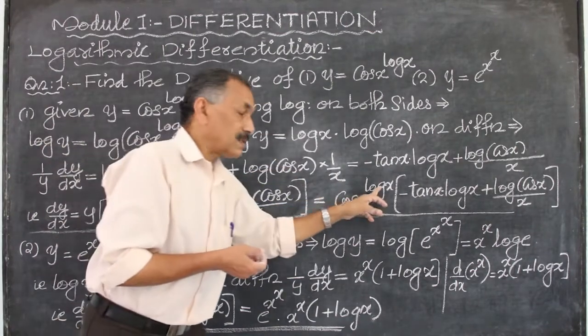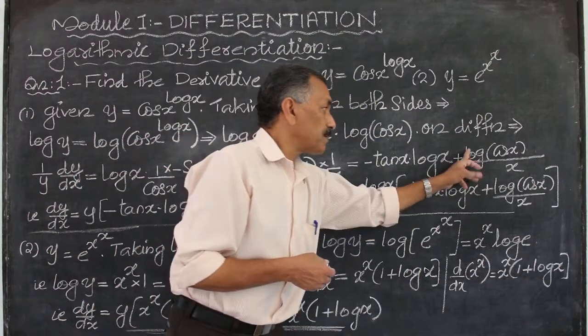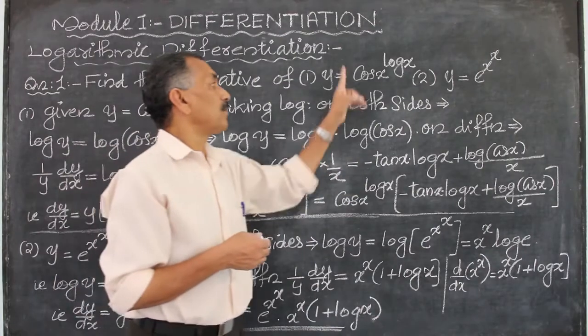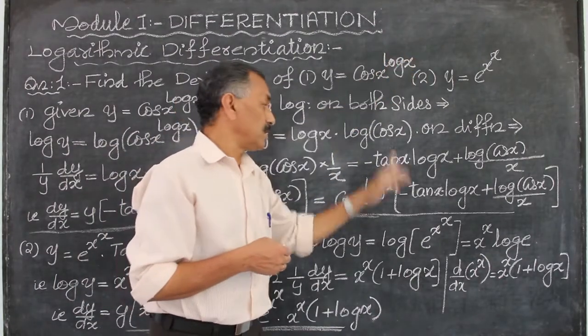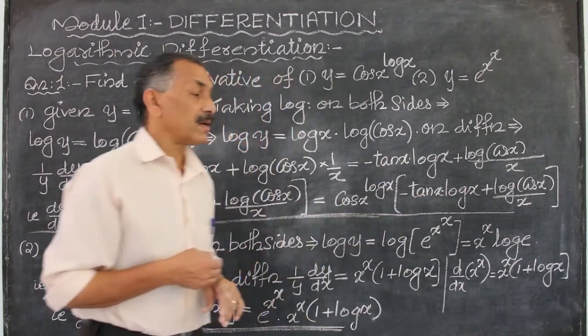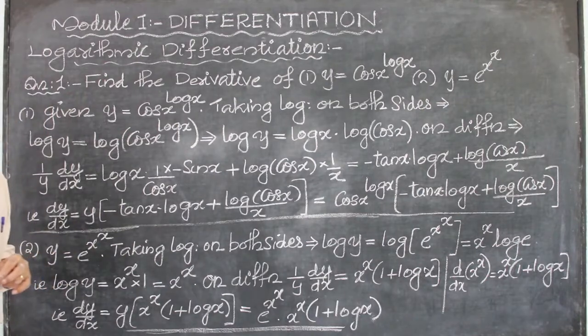So the derivative of cos x raised to log x is equal to cos x raised to log x into minus tan x log x plus log of cos x by x. Okay? Logarithmic differentiation. A simple property, simple method.